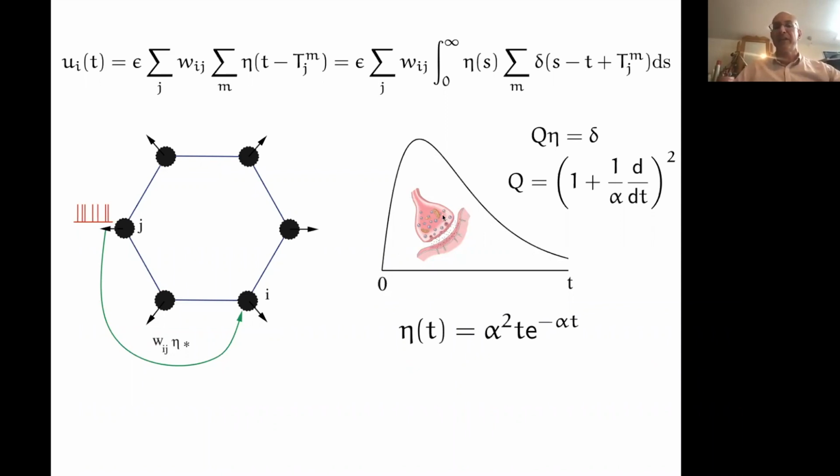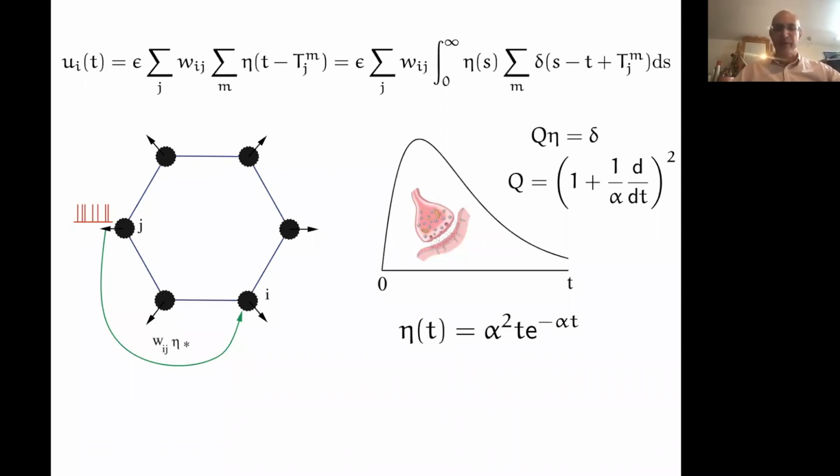All the biology of the synapse is subsumed in this shape eta. And eta, I'm going to take to be the Green's function of some linear differential operator Q. Here's a second example. And for those of you who know your mathematical physics history, George Green was the miller in the town of Nottingham a few hundred years ago. So it's nice to make a link to the machinery he developed and use it today.